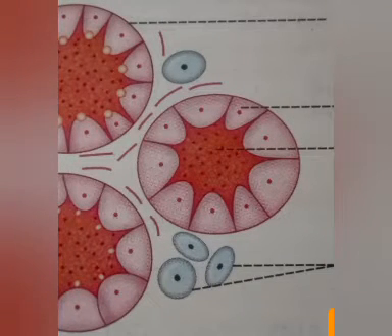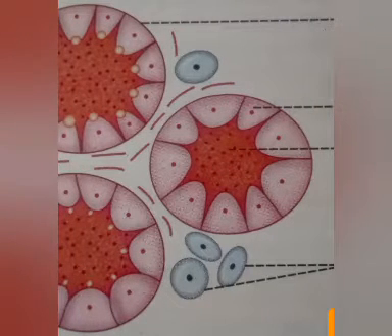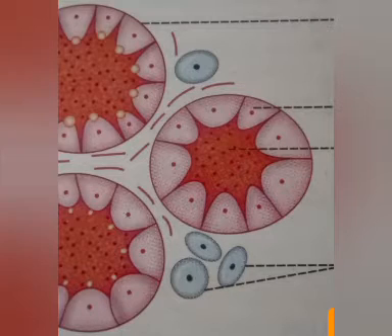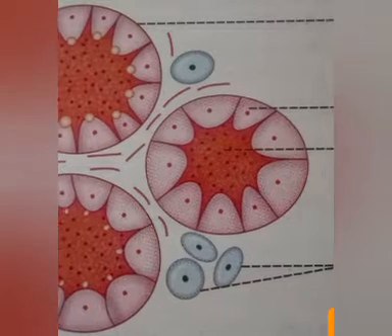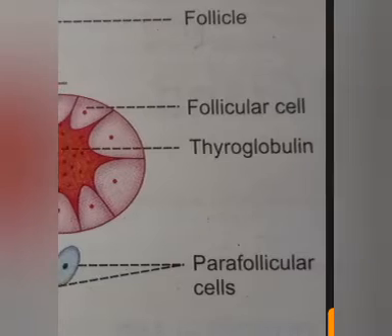Secreted by follicular cells. In between the follicles you can see another cell called the parafollicular cells. These cells are responsible for secretion of the hormone calcitonin.